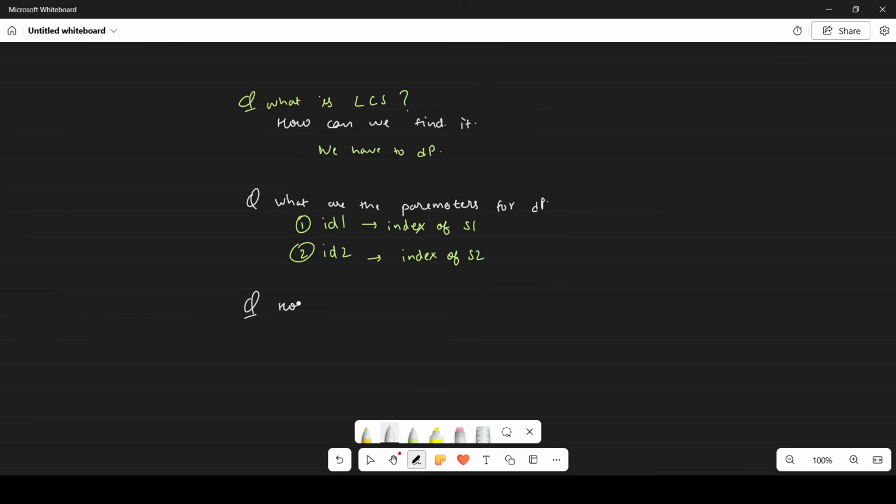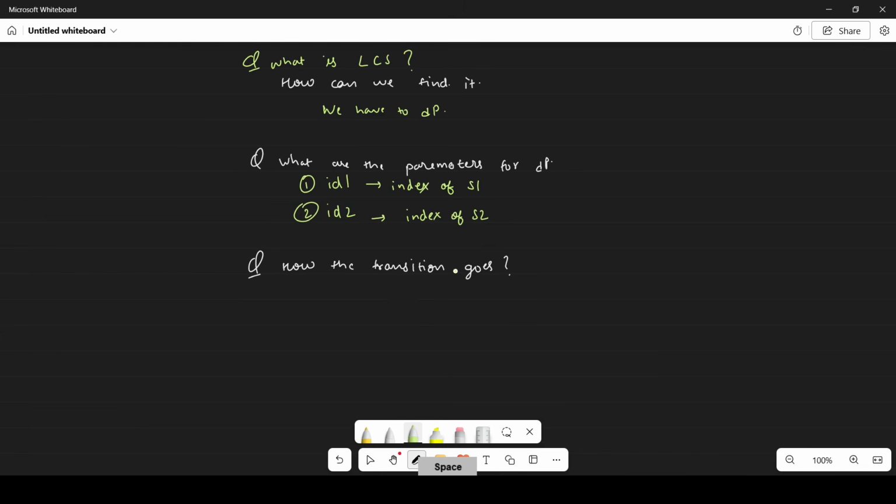So how does the transition go? Let's say your initial state is id1 comma id2, and there are two possibilities. First is match, where the characters are matching, and second is the characters are not matching.